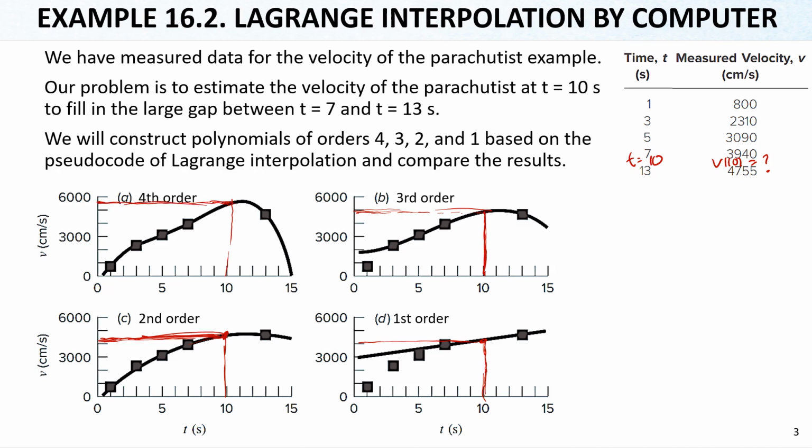So this may not be a very good prediction because it's going very high. So sometimes fitting a higher order polynomial may not be very good, and a lower order can be better. It seems like second order is the best here, I think, to be able to predict 10 and also the others.